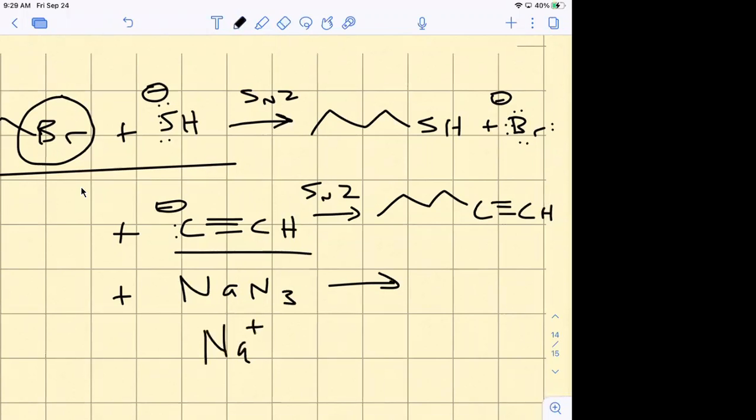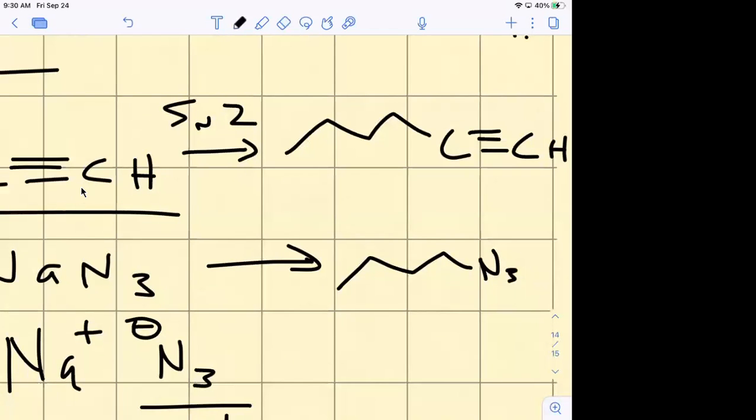So it's Na plus and then N3 minus. This is what is called an azide. Very, very good nucleophile. It's actually a precursor to making diazo compounds, which can be used to make carbenes for a lot of different applications. But what's the product? N3. So N3 is here, right? Where bromine would be.